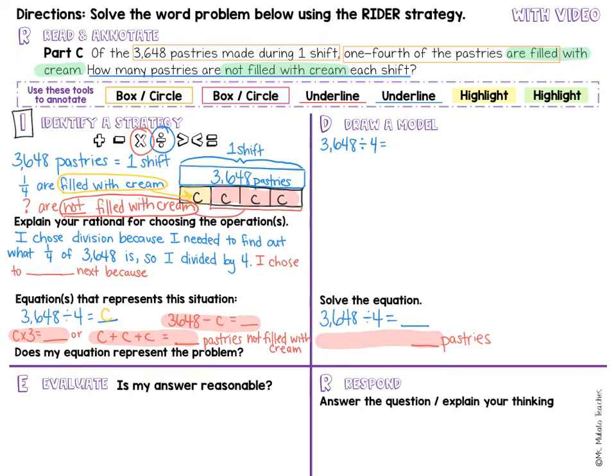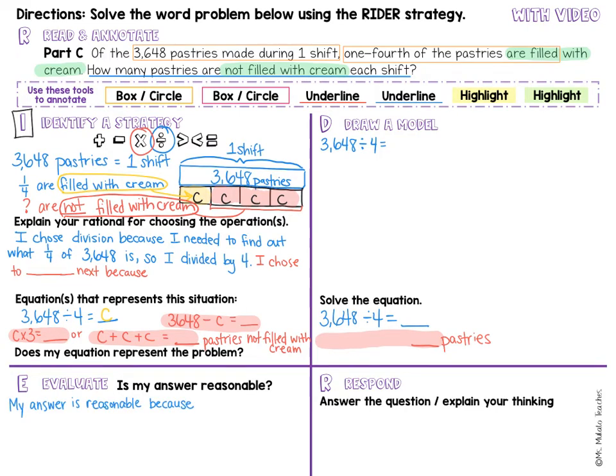Should be. If I was to take this number of pastries and then add the number of pastries filled with cream, will I still get 3,648? You can quickly check, and then we can write about the reasonableness of our answer.